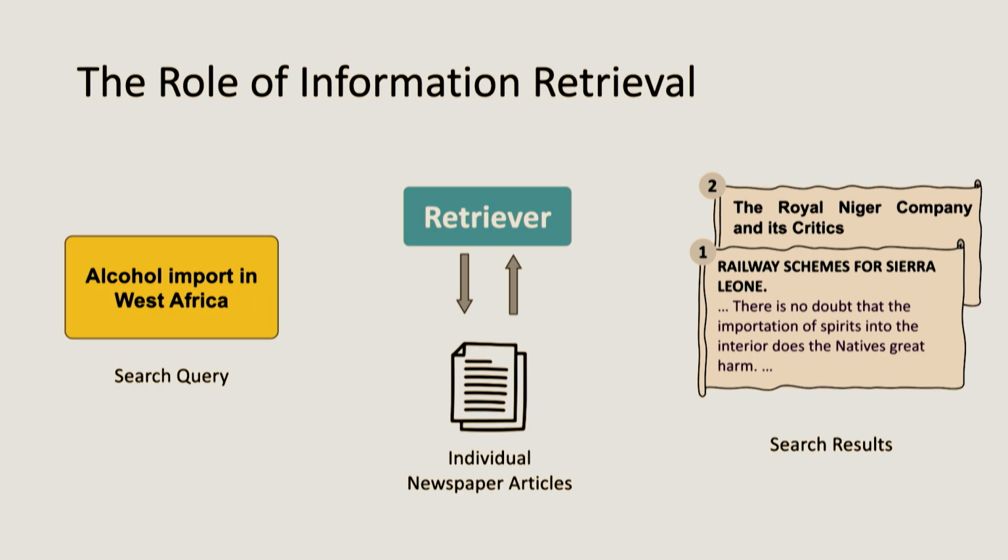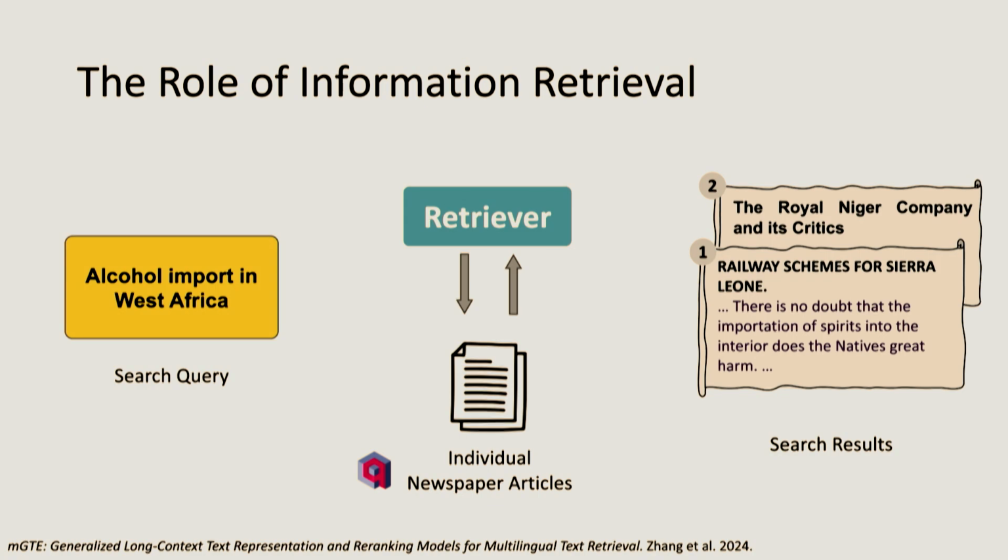And what a retriever does is efficiently look through all possible newspaper articles, for example, in the case of African Times, or if it's Wikipedia articles, and finds the most relevant ones in a very efficient manner. This is usually done by a vector search. So, we are using the state-of-the-art multilingual vector model.